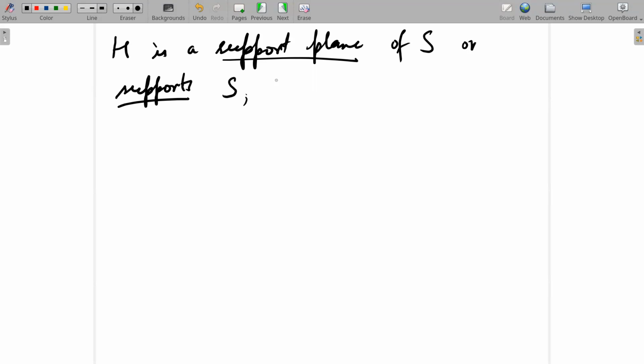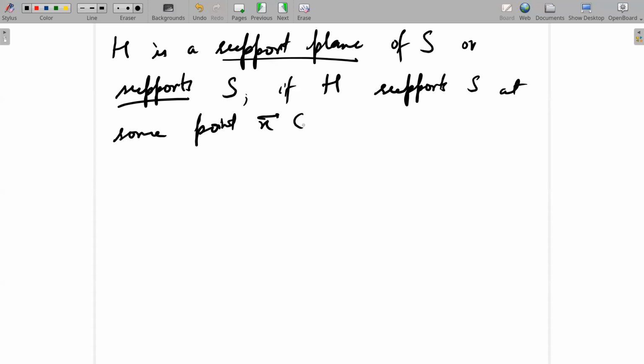H is a support plane of S, or supports S, if H supports S at some point which is necessarily a boundary point of S.